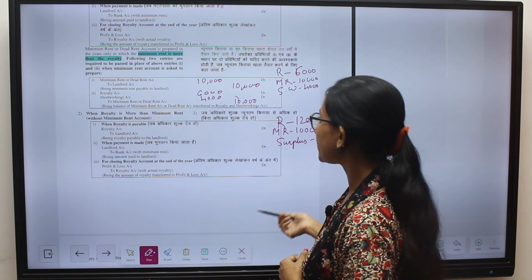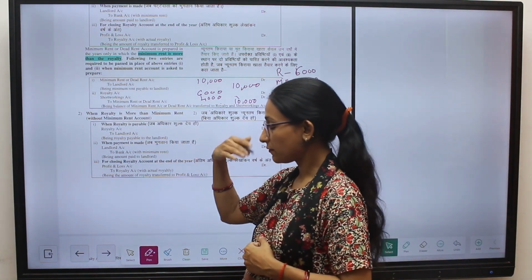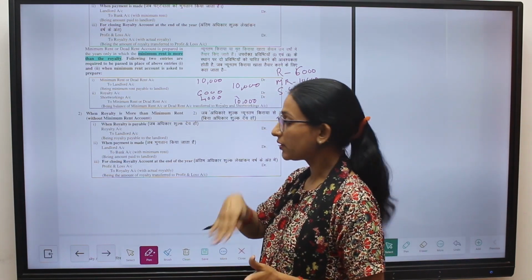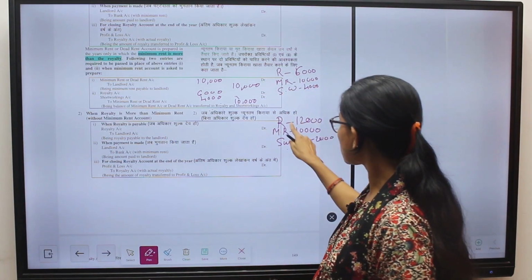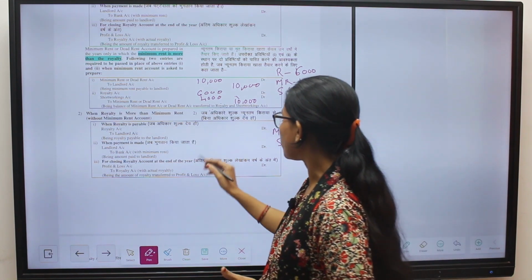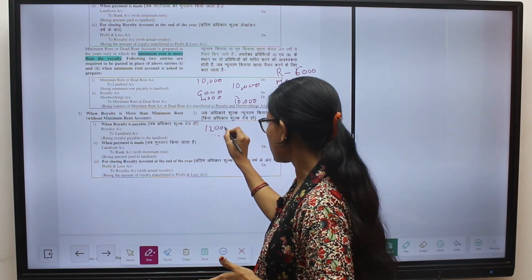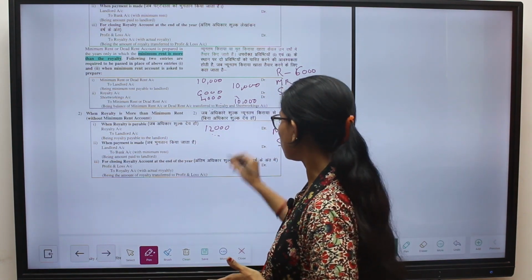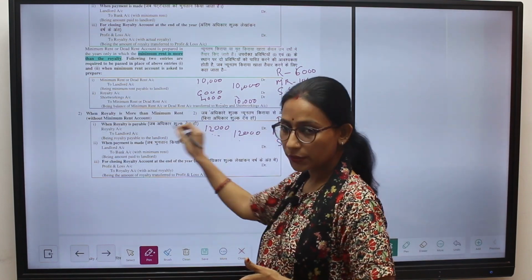Now here the first entry is of due or payable. The lessee will be paying, not yet paid, but he will be paying the royalty amount of rupees 12,000 to the landlord. So royalty account debit, to landlord account, rupees 12,000. It is the due entry.